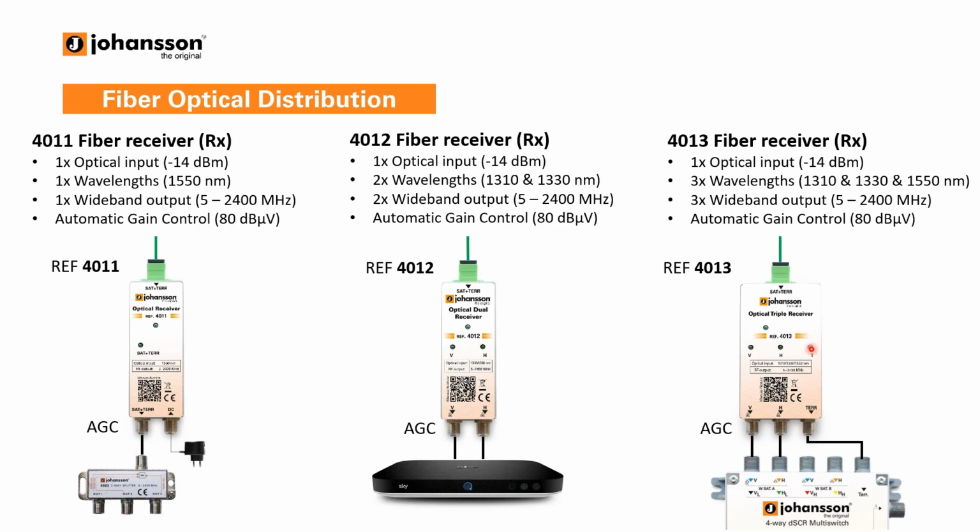And this model is mainly used in a hybrid system where we have an optical receiver having satellite signal on 2 outputs, vertical and horizontal, and then terrestrial channels on a 3rd output. And this you can then feed in, for instance, in a wideband compatible multi-switch. And then you can continue your distribution over multi-switches.